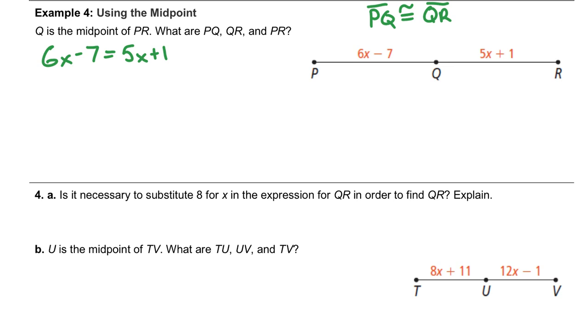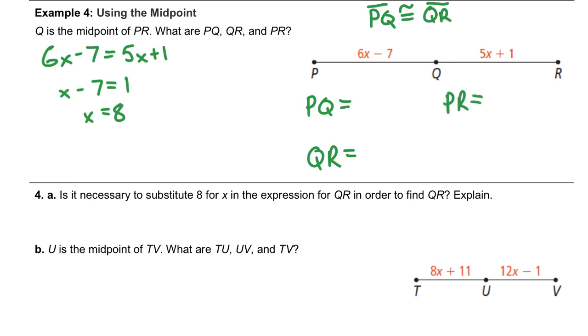So for me to solve this equation, I would subtract 5x from both sides. So I get x minus 7 equals 1. Add 7 to both sides. X is 8. So for my answer, I really have 3 pieces I need to find. Oops, PR.